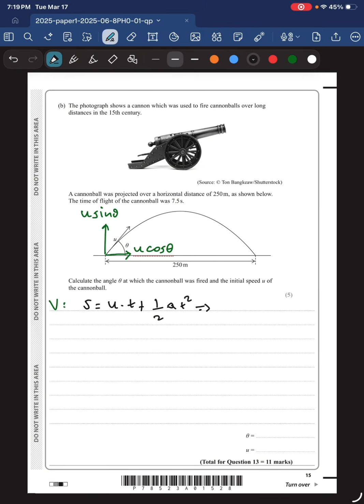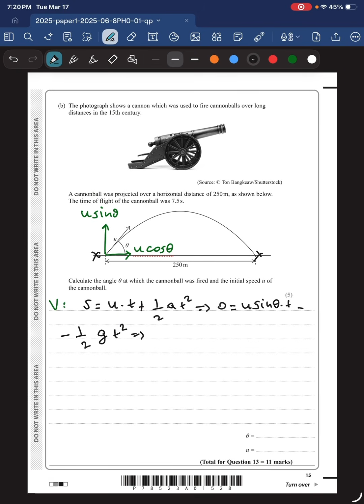In the vertical direction, we can actually say that the displacement is 0, right? Because we start here and we end here. Okay, so 0 is equal to, what's the initial velocity in the vertical direction? It's u sine theta, right? So u sine theta times t. And then what's the acceleration? Minus 1/2 gt squared, okay?